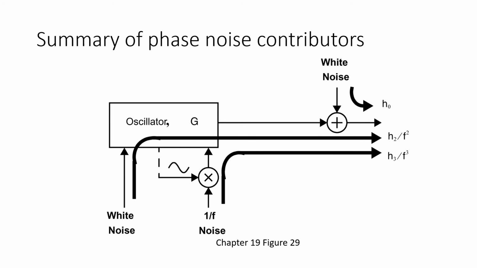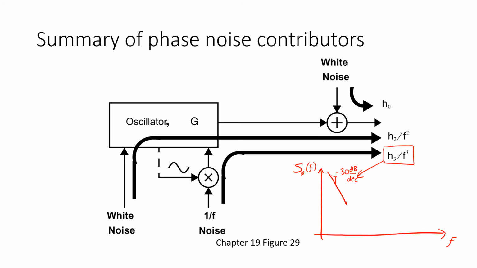So in summary, we expect and we indeed see for integrated circuit oscillators that the phase noise has a response that includes a 1 over f cubed term rolling off at 30 dB per decade, and a 1 over f squared term that rolls off at 20 dB per decade.